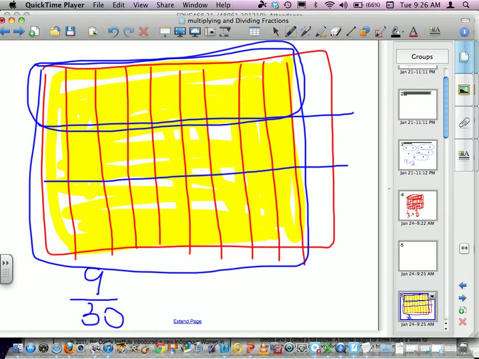So now I have 30 pieces instead of 10. So 1/3 of 9/10. You can think of this as a height of 1/3 by a width of 1/10, which gives you an area of 9 out of 30.